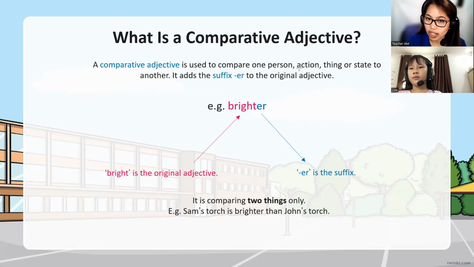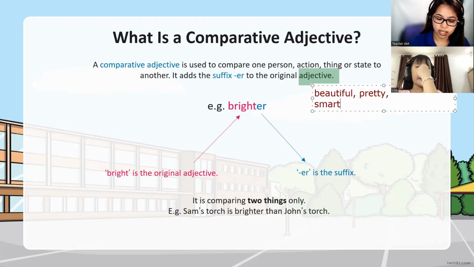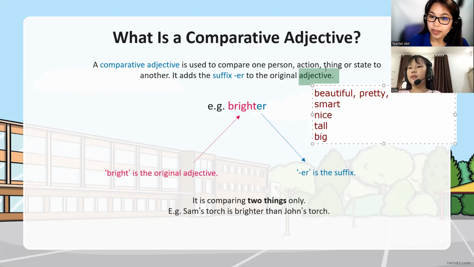Now, there is an example here. When we say adjective, we use this to describe a noun. Examples of adjectives are beautiful, pretty, smart, what else? Nice, tall, big. Those are all adjectives.